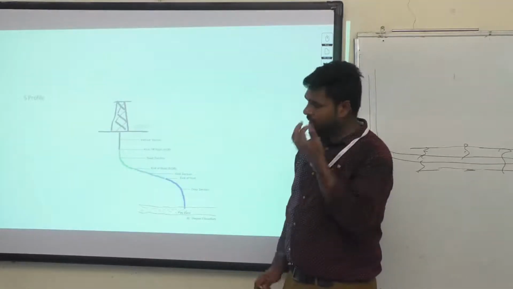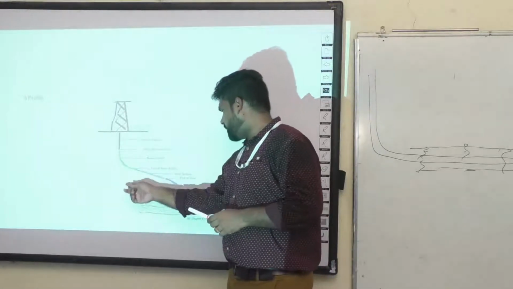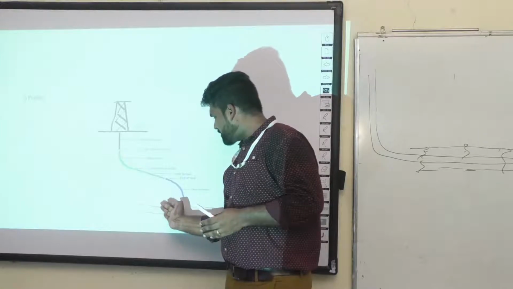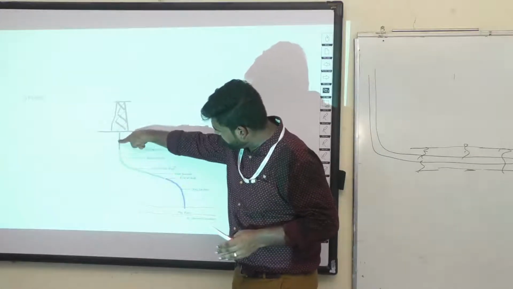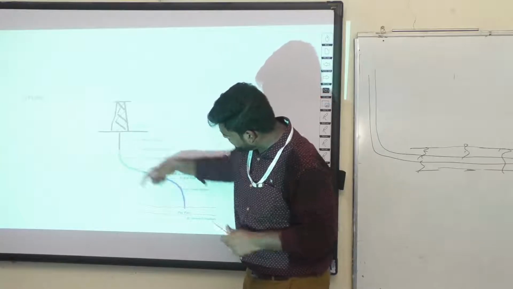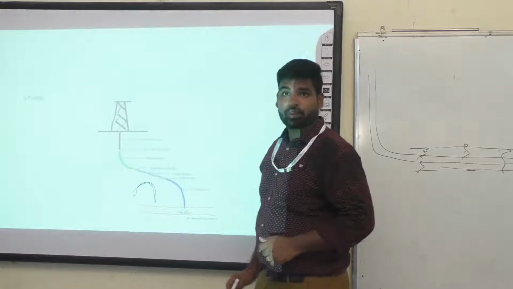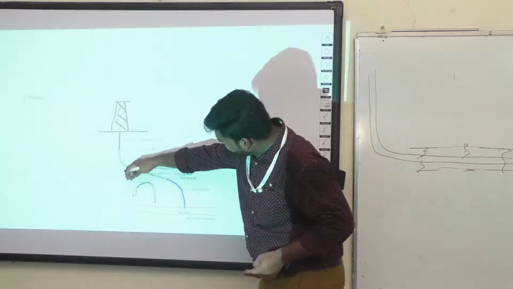For example, think that you have a salt dome or any kind of obstruction, and you have the reservoir. You are just drilling vertical, and you have a salt dome, so you have to bypass this.